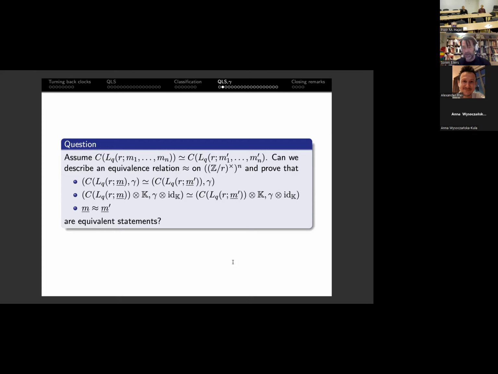And the gauge action is the one that I showed you on the Vaksman-Soibelman odd-dimensional quantum sphere, because the quantum lens space is a subset of that. I inherit an action from that. And so I just want to know, it's a very naive question, when can I choose my isomorphisms to preserve the gauge action?